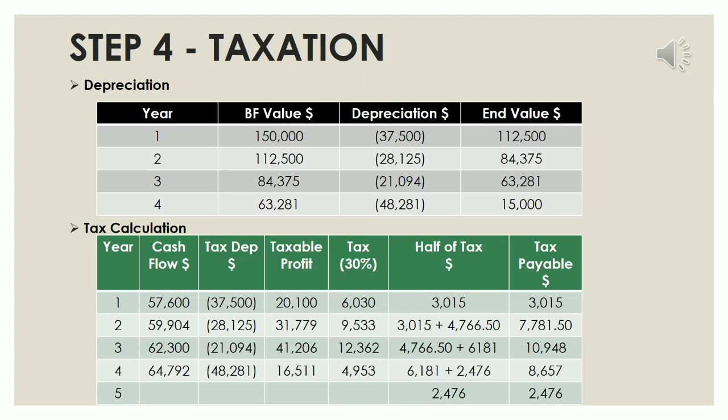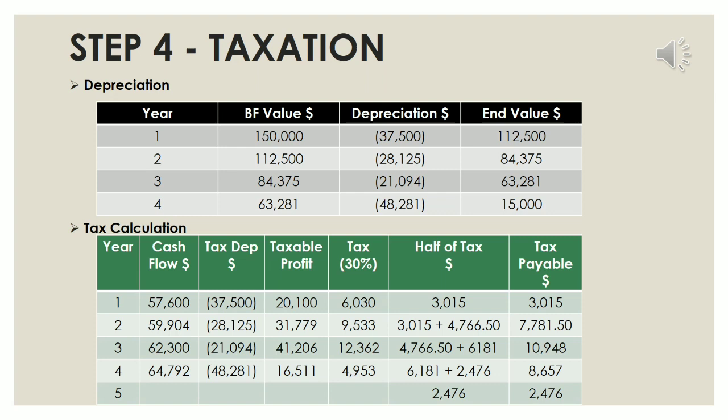Then we will have a tax profit column and tax column. Then there will be two additional columns, which are half of tax and tax payable columns. I will explain why I have added these two additional columns in a while.